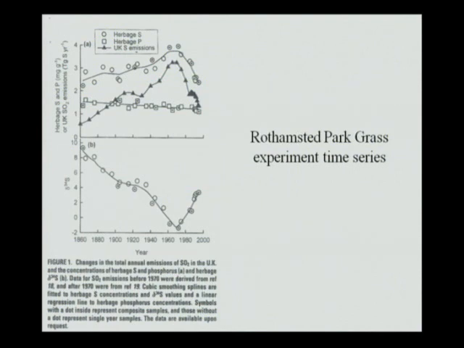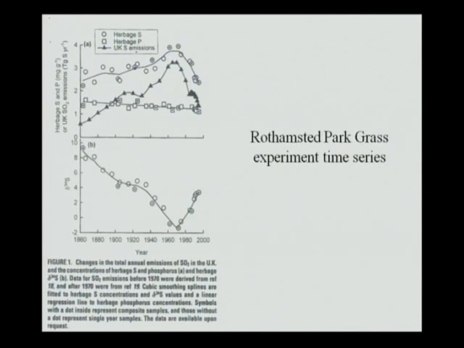Whether the sulfur comes from the soil into the plant, or the plants have any effect on that, this is the phosphorus. No change, not much change in phosphorus. So the nutrients taken from the soil don't change much.